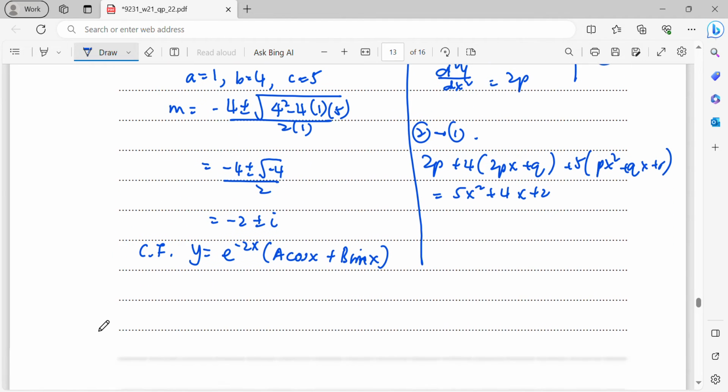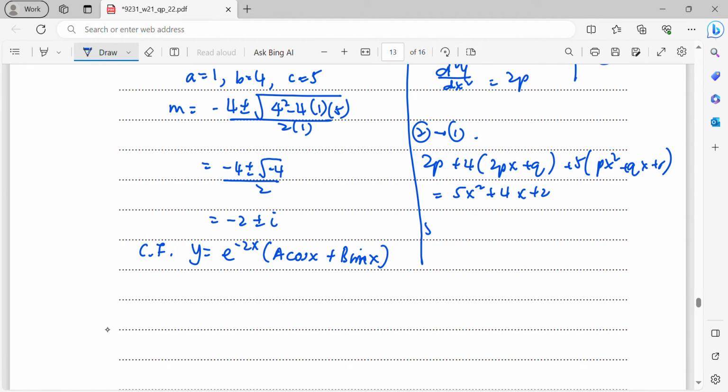Okay, so from here, I will simplify it. You will get 5px squared plus x(8p plus 5q), then plus the constant, that equals to 5x squared plus 4x plus 2.